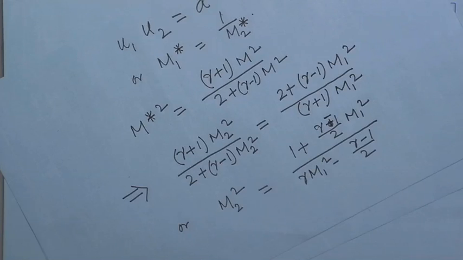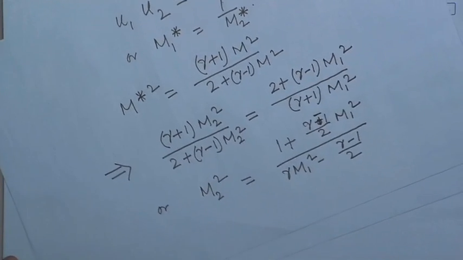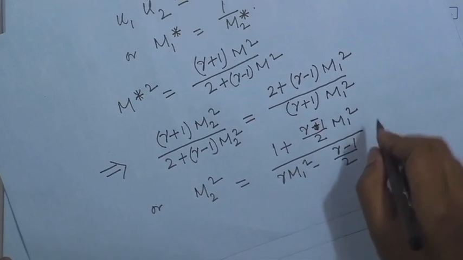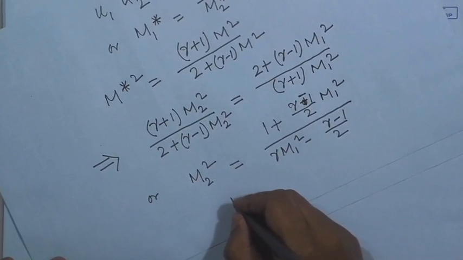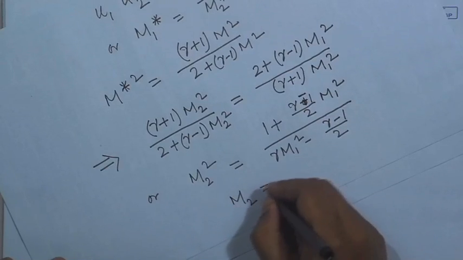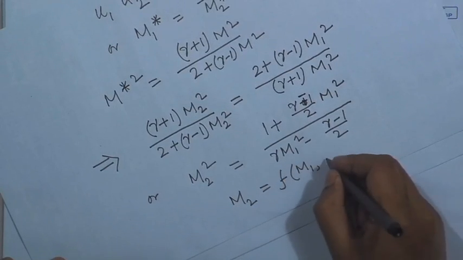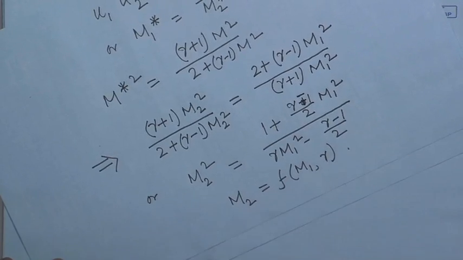That is, the Mach number at station 2 is simply a function of the Mach number at station 1 and, of course, on the properties of the gas. That is, we can write that M2 is simply a function of Mach number and gamma.